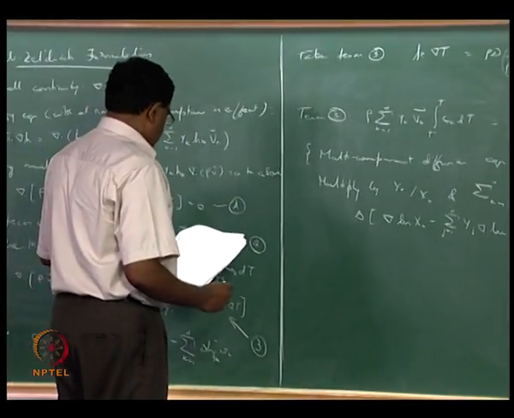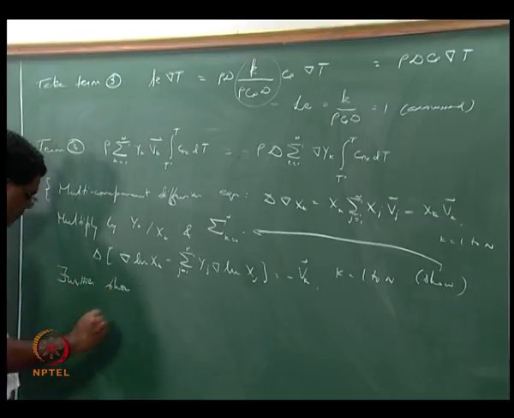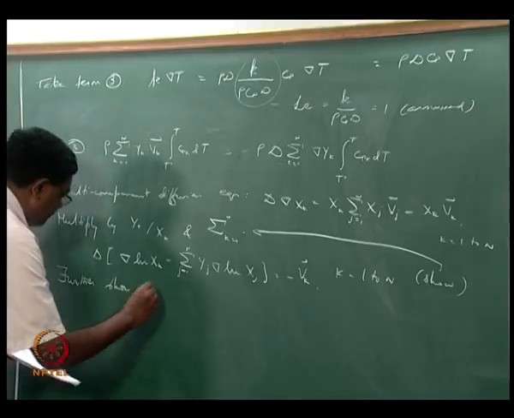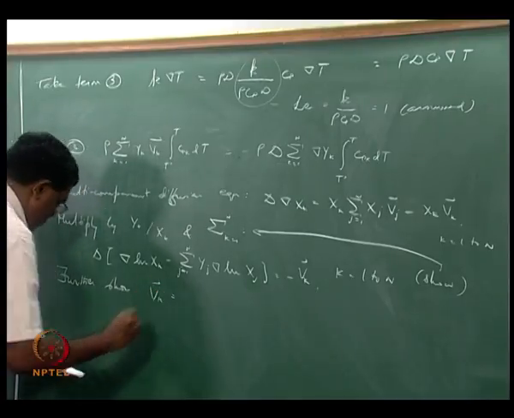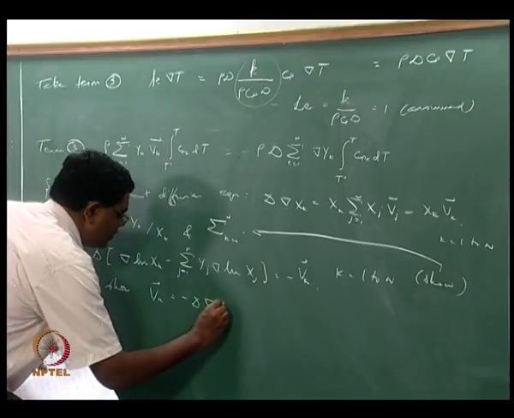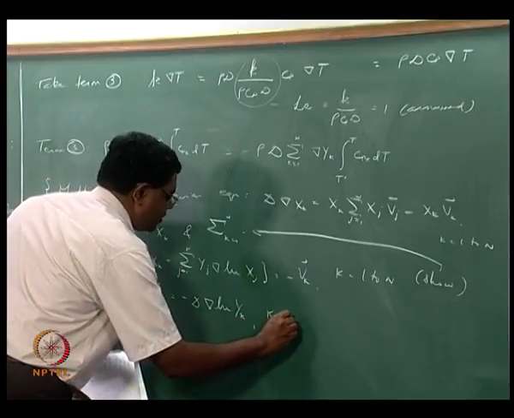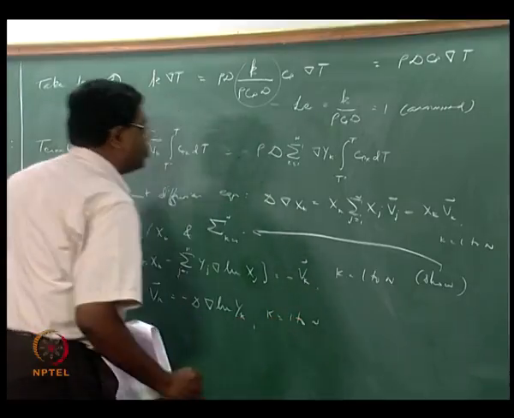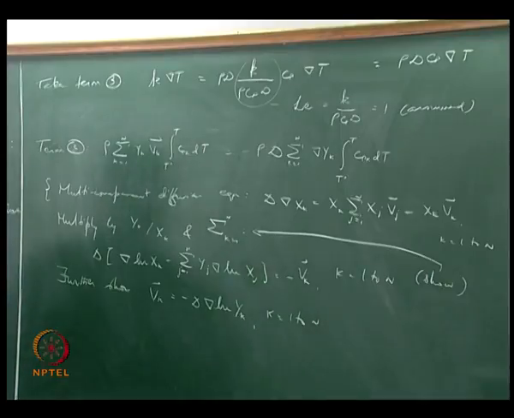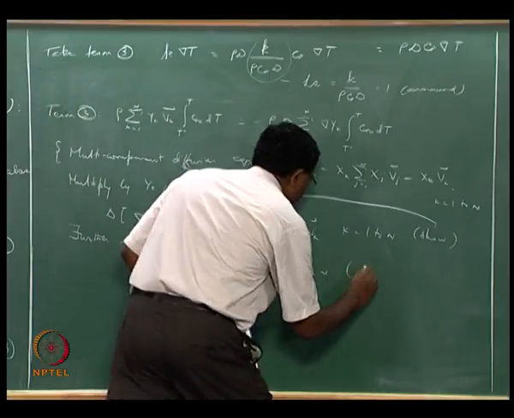If you now try to write it out for all the species, you can say further show vk vector is equal to simply minus d gradient natural logarithm yk, k equals 1 to n, right. This is actually retrieving Fick's law.